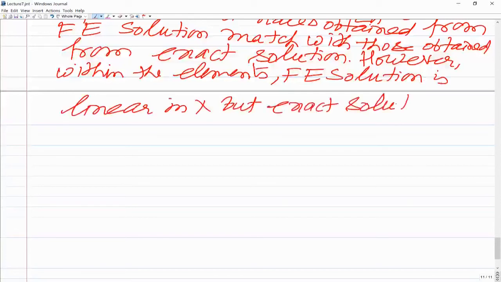The exact solution is a quadratic function of small x. So this is about the displacement.